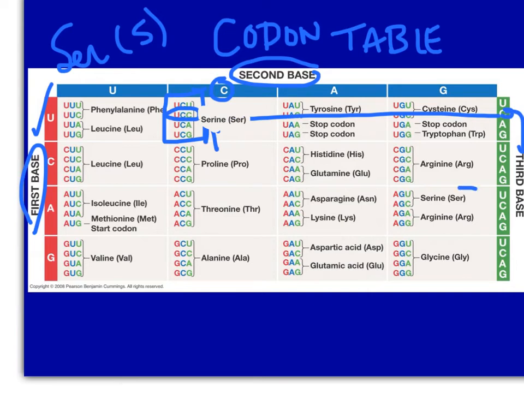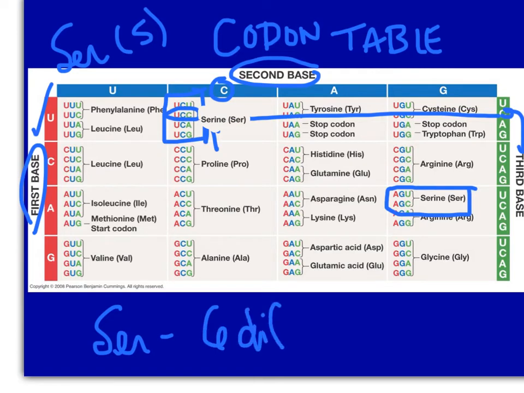Interestingly, over here are 2 more. So serine can be encoded in the DNA or RNA by 6 different codons. And that is an example of redundancy.